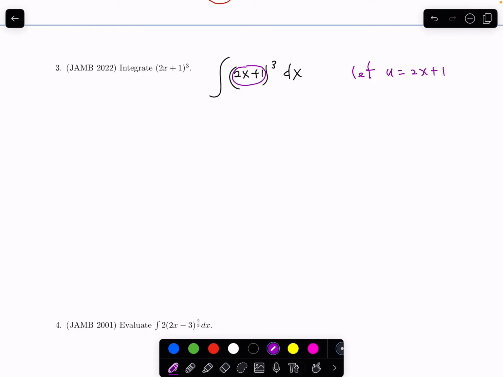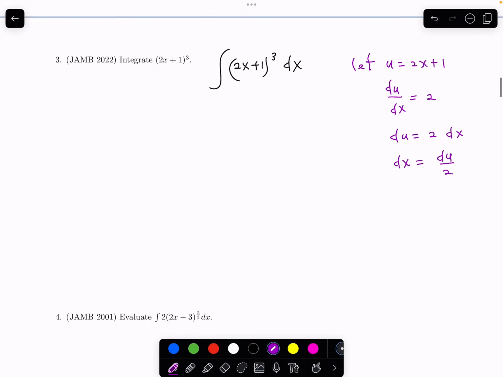Then I'm going to take the derivative, so I have du dx is going to be 2, right? So du is going to be 2 dx. If you cross multiply and divide both sides by 2, you have dx equal to du divided by 2.